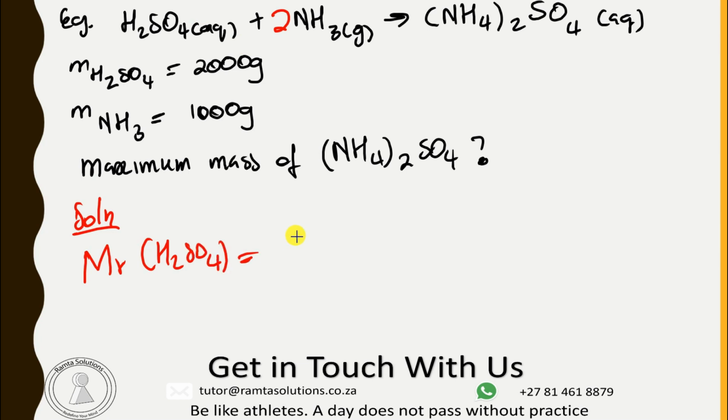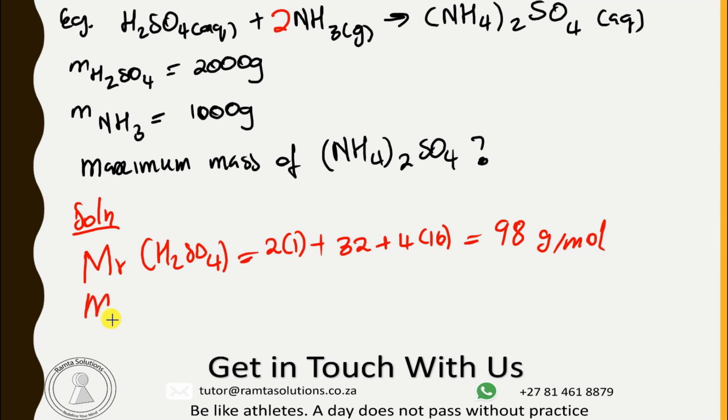What is it? It's 2 times 1 plus sulfur must be 32, oxygen must be 16. So we have 34 plus 4 times 16. This is 98 grams per mole.